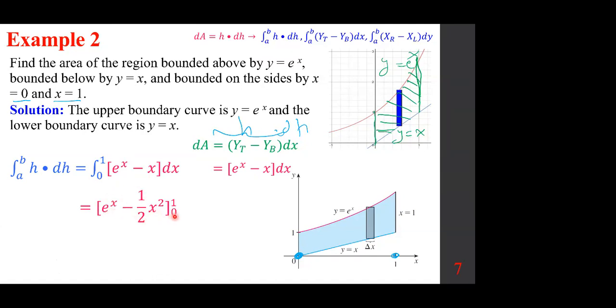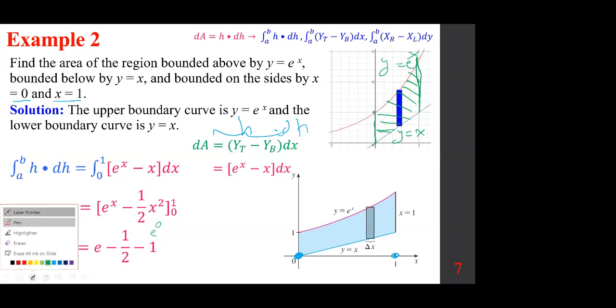If you plug in 0, minus e to the power of 0, which is 1, and this one goes to 0. So you have e to the power of 1 minus 1/2 minus 1. This is e to the power of 0, everybody. And so simply put, e minus 3/2.